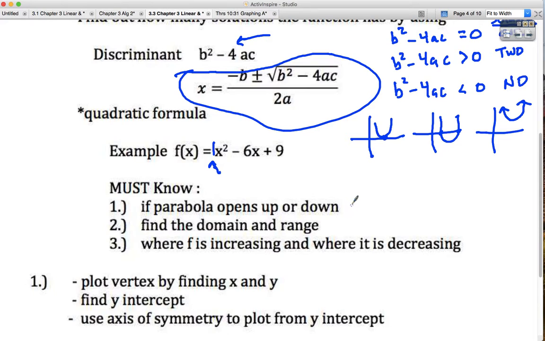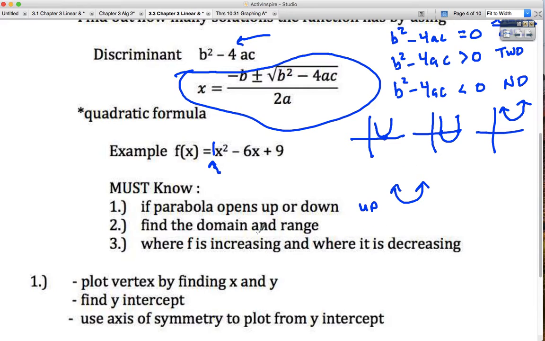So that means the parabola opens up. Looks like this. And we further know, since it's 1, that it has no change in opening faster or slower. It looks like the parent function when it comes to its rise.